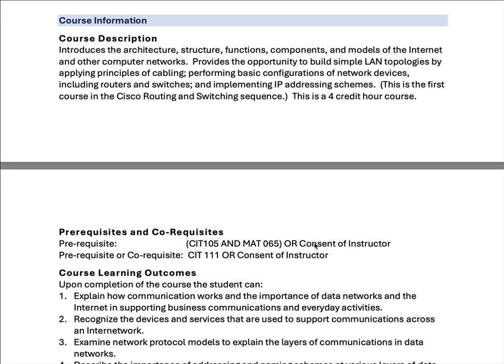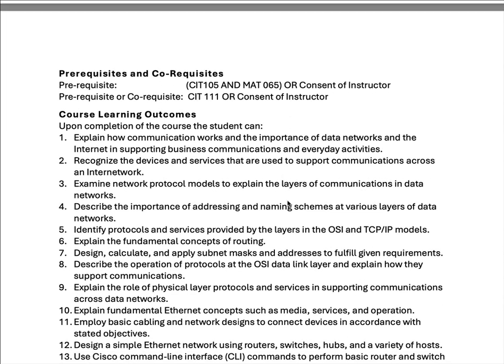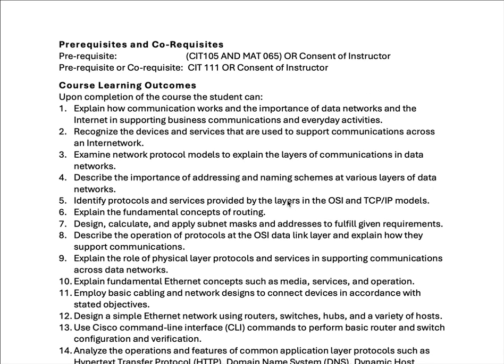But what we have next is the official course description. The other piece of information is this is a 4-hour credit course because it has a lab component to it. As far as prerequisites and co-requisites, you should have completed 105 and at least Math 65.